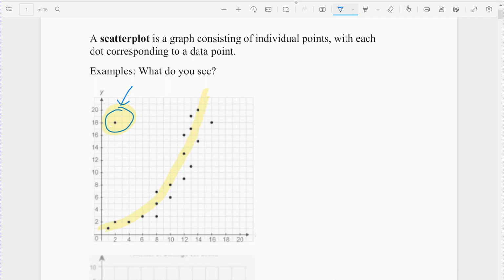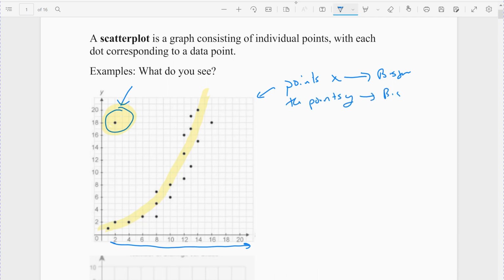The rest of them seem to be in an increasing pattern, and it looks like a fairly steep increase. As my x values get bigger, the points, which represent the y values, also get bigger.